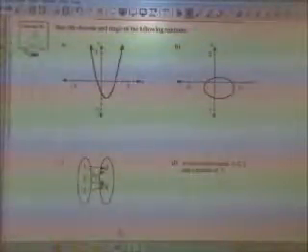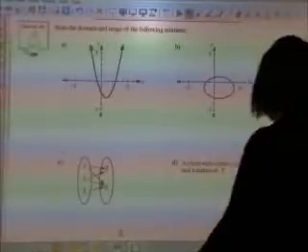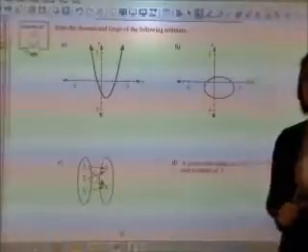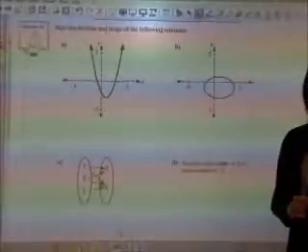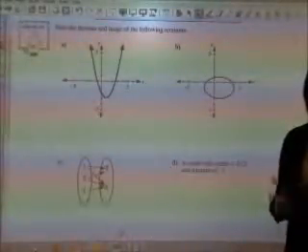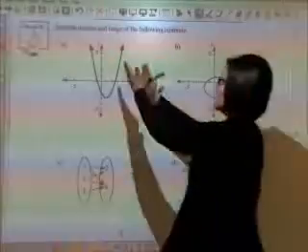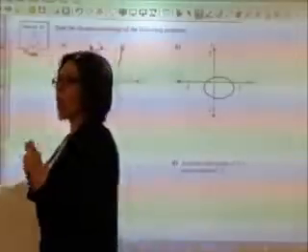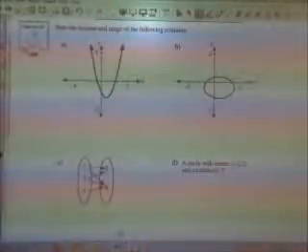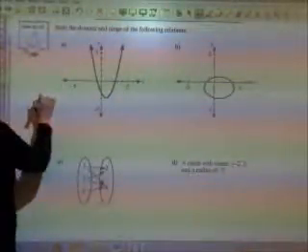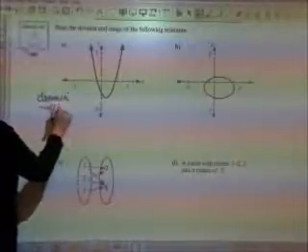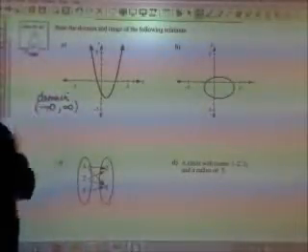Okay, so let's look at the first one. What are my possible x values? It would be infinity both ways, because this is just going to keep getting wider and wider. So I could write that as domain from negative infinity to positive infinity.